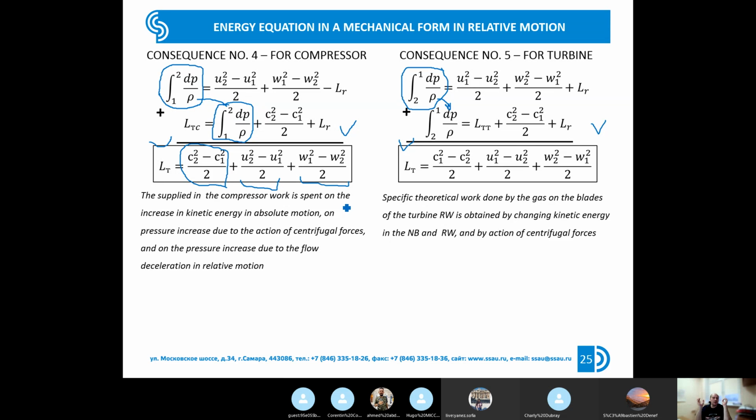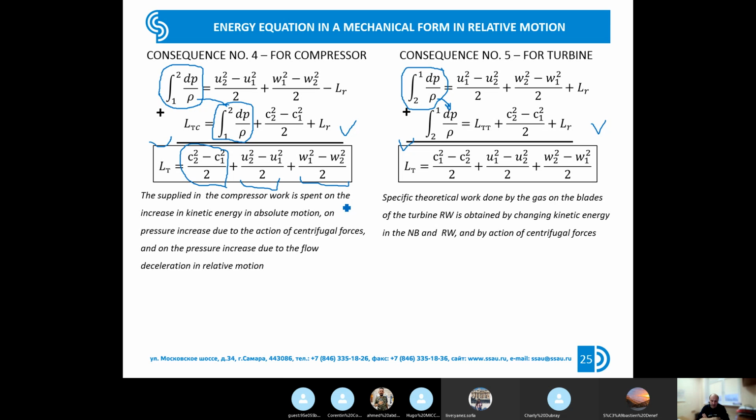So maybe this conclusion looks boring, but this conclusion explains to which directions the mechanical energy which you supply inside the compressor is spent. So you spend mechanical energy to increase kinetic energy in absolute motion, to increase pressure due to the action of centrifugal forces, and to increase pressure due to the flow deceleration in relative motion.